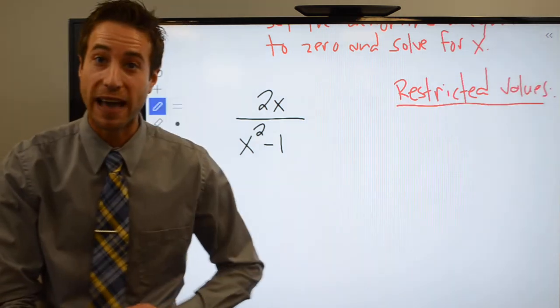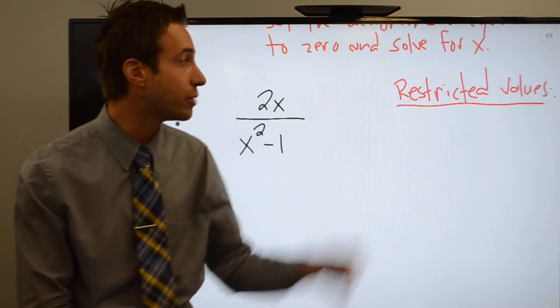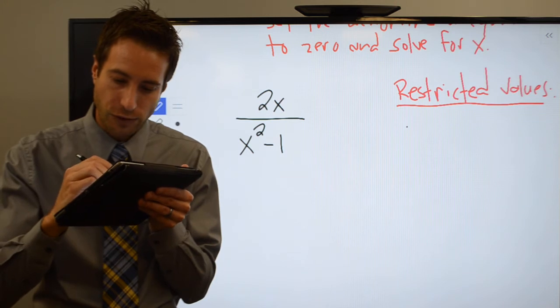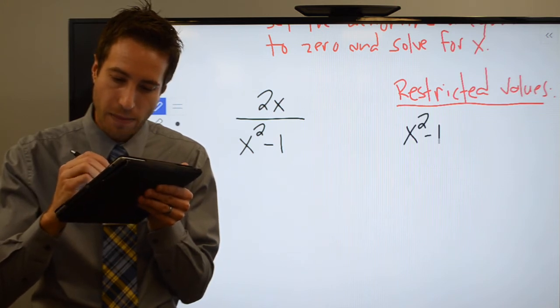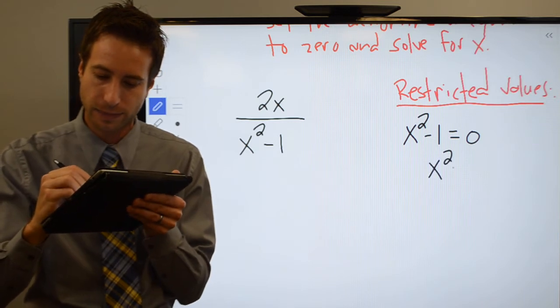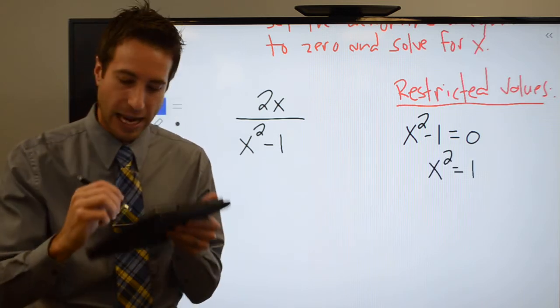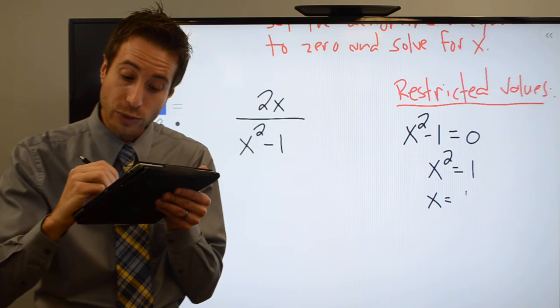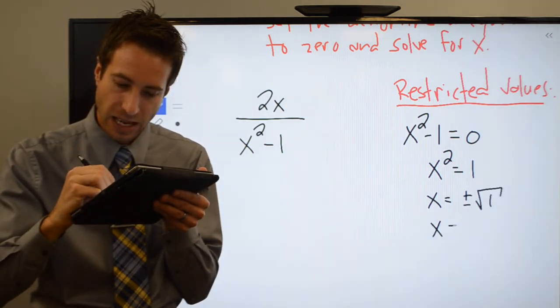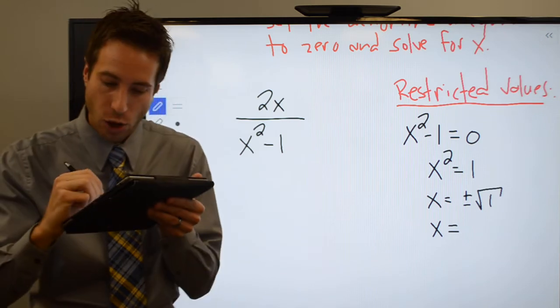What values of x are not allowed? And we said the way you do that is to set the denominator equal to 0 and solve. So my restricted values are going to be x squared minus 1 equals 0. Add the 1 to the other side. Take the square root of both sides, but don't forget, when you take a square root, you got to remember to do plus or minus. And of course, the square root of 1 is 1.